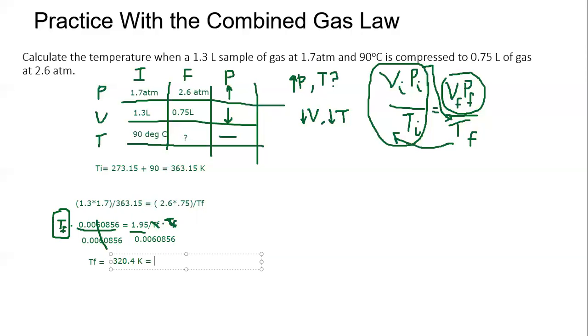Now we're going to convert this to degrees Celsius. And we get 47.3 degrees C. So in fact, the temperature did decrease.